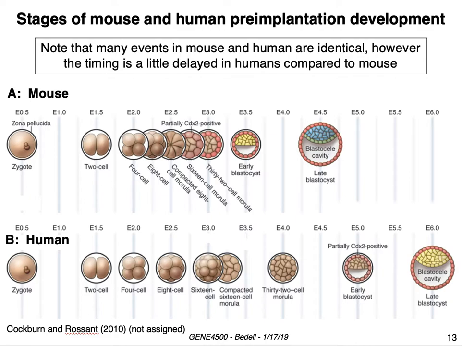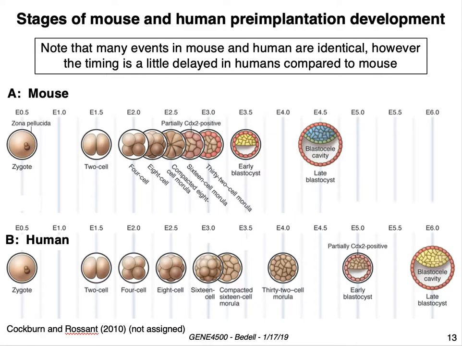So just because it's simpler to explain, I'm going to explain some of the details, not all of them, some of the details taking place in the mouse. But I want you to learn them as examples. Just know that not exactly the same thing is taking place and at the same time as in humans. Okay, so that's where we're taking advantage of mouse.